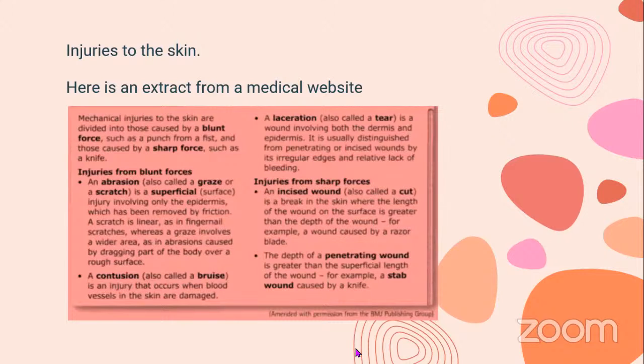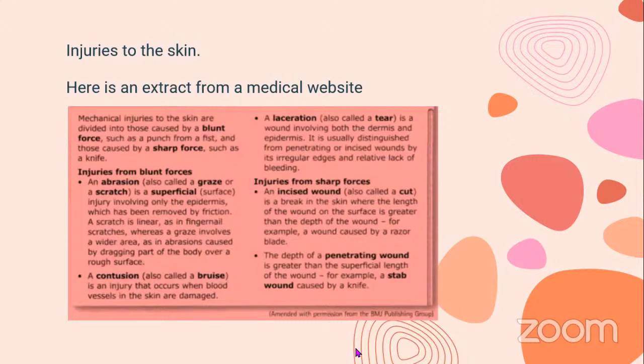The scratch is linear, as in fingernail scratches, whereas a graze involves a wider area, as in abrasions caused by dragging part of the body over a rough surface. A contusion, also called a bruise, is an injury that occurs when blood vessels in the skin are damaged.